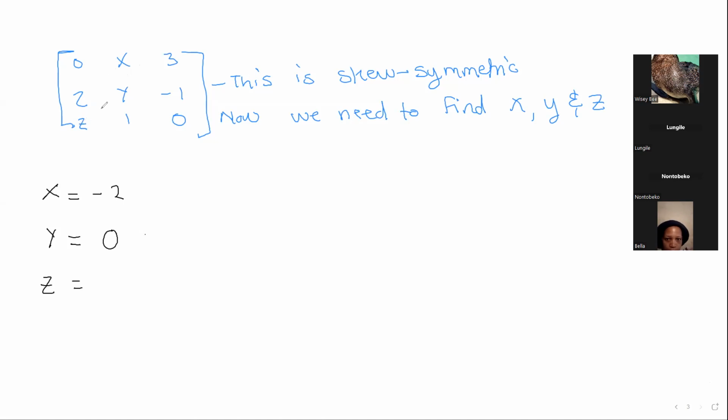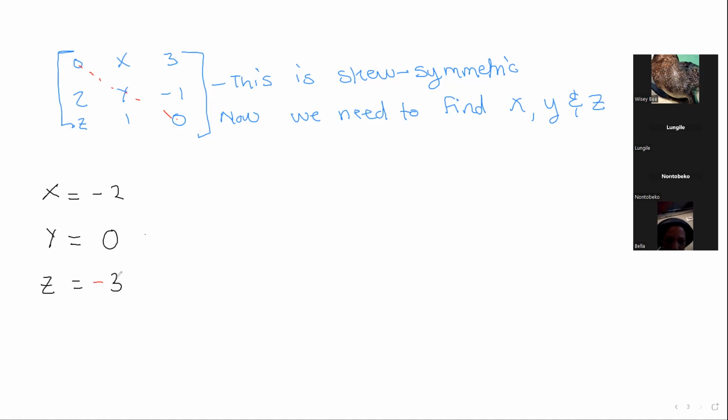So z must be, because there is a symmetry, maybe I should draw the symmetry here. This goes with this, and this goes with that. So it must be -3, right? -3. Yeah.